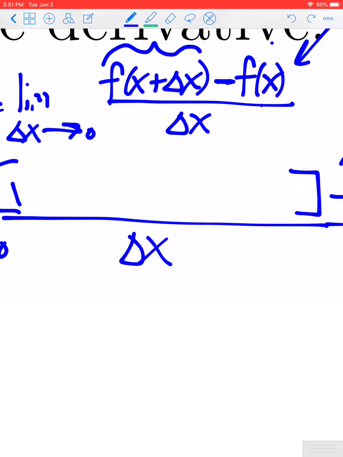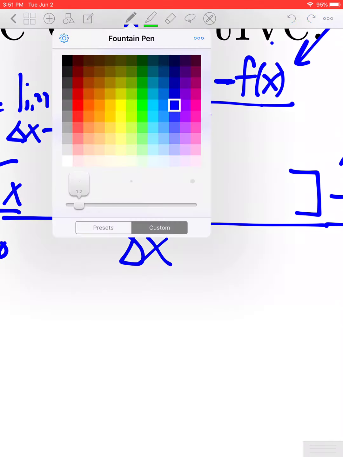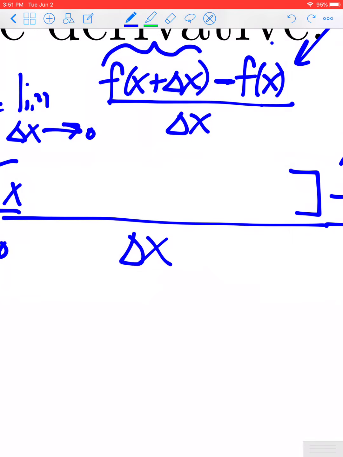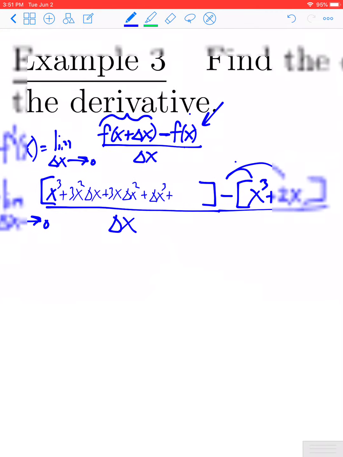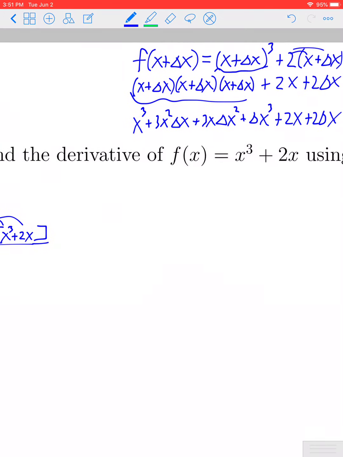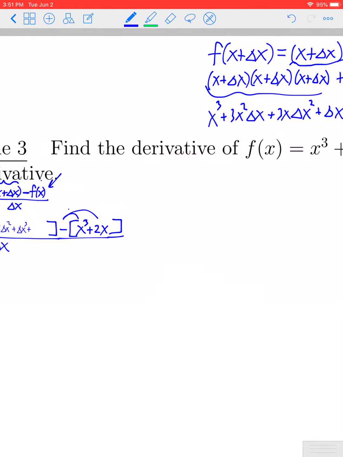So let me squeeze them all in here. We had x cubed plus 3x squared delta x plus 3x delta x squared plus delta x cubed plus 2x plus 2 delta x.